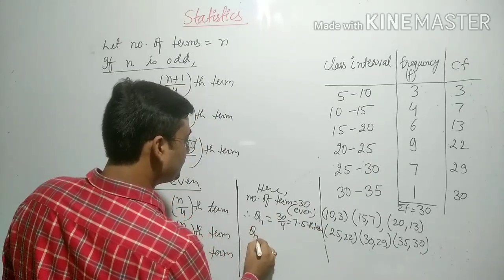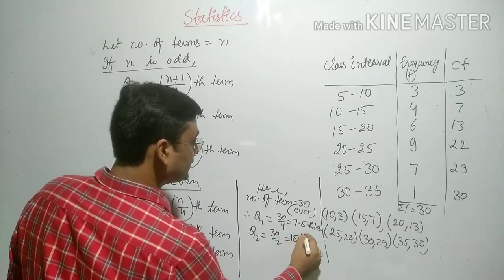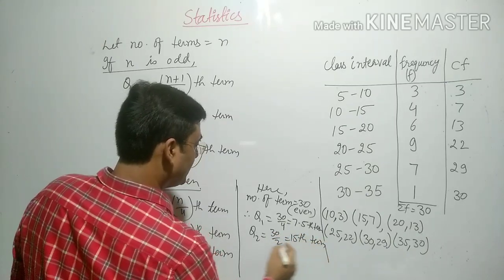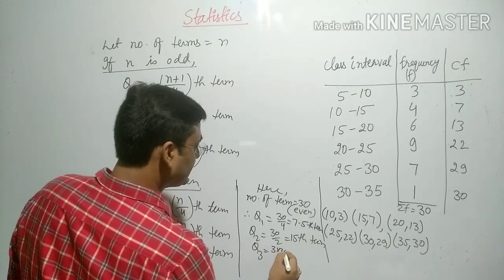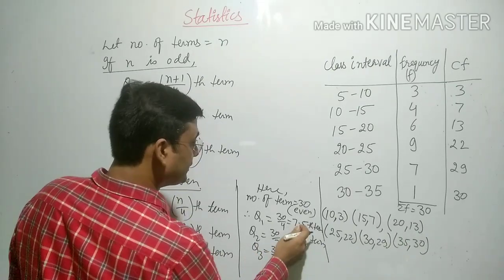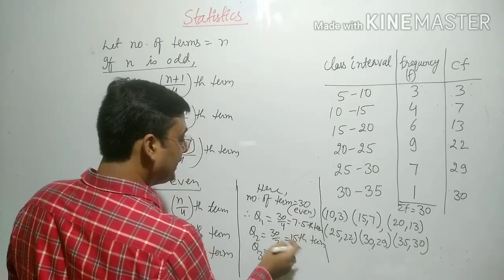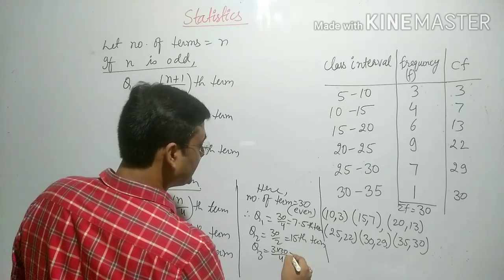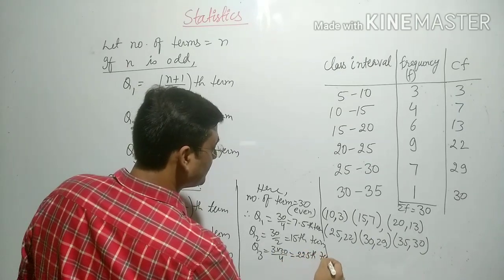Then Q2 is 30/2, that means the 15th term, and Q3 will be 3 multiplied by 30/4. 30/4 is 7.5, and multiplied by 3, we get the 22.5th term.